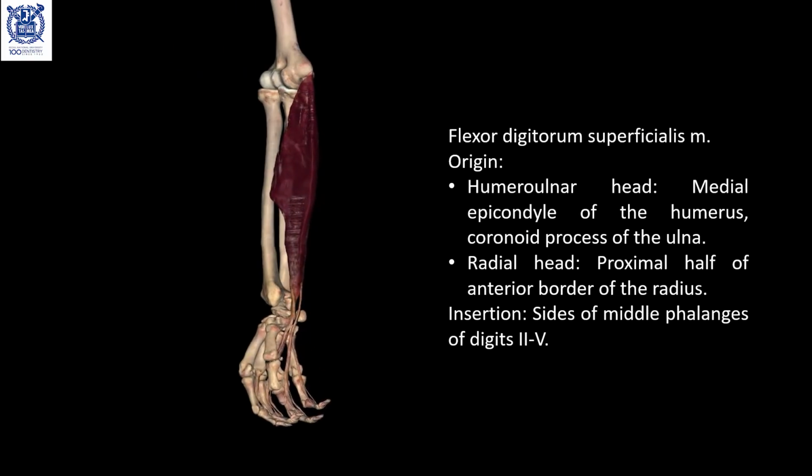Flexor digitorum superficialis muscle. This muscle has two heads. Origin. The first, the humeral-ulnar head: medial epicondyle of the humerus and coronoid process of the ulna. The second, the radial head, has its origin at the proximal half of the anterior border of the radius.